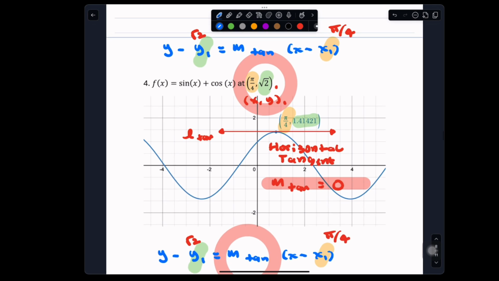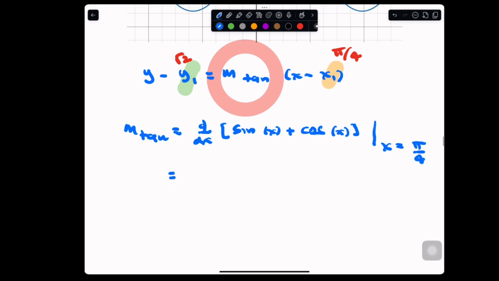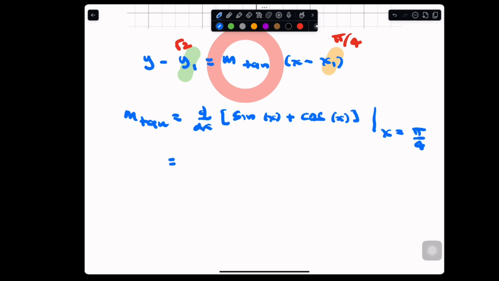Okay. So the derivative of sine plus cosine, and then we have to evaluate this at x is pi over 4. Okay. So what do you guys remember? You got to use the derivative of a sum is the sum of the derivatives. Is that right? And essentially, we want to know what's the derivative of sine? What's the derivative of cosine?